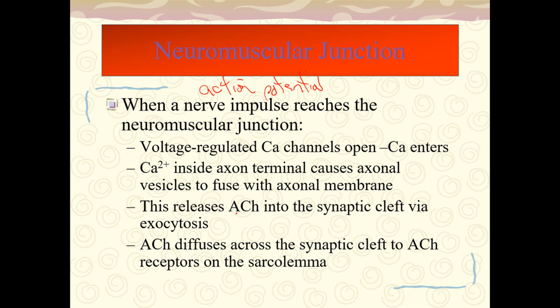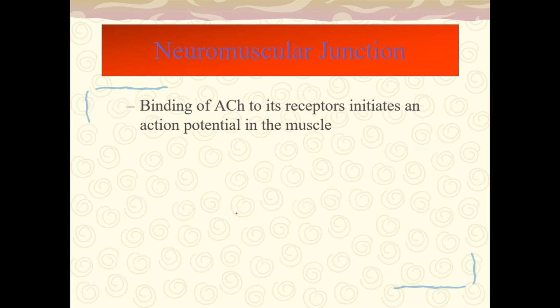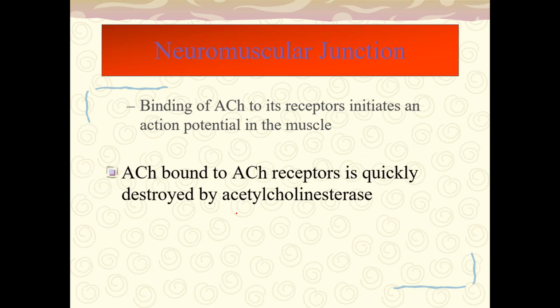The other thing we are going to need to do is this: as long as acetylcholine is bound to that receptor, the gate is open, so we're going to need to close that gate. Acetylcholinesterase is the enzyme that will destroy acetylcholine so that the gate can then close. Let me just back up.